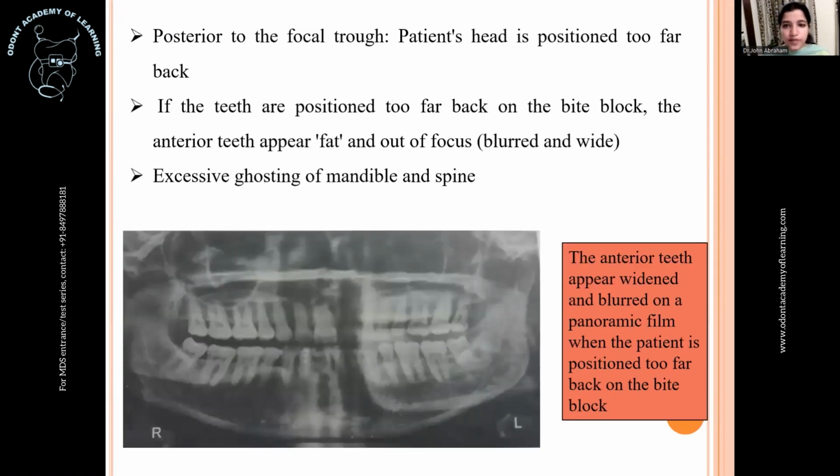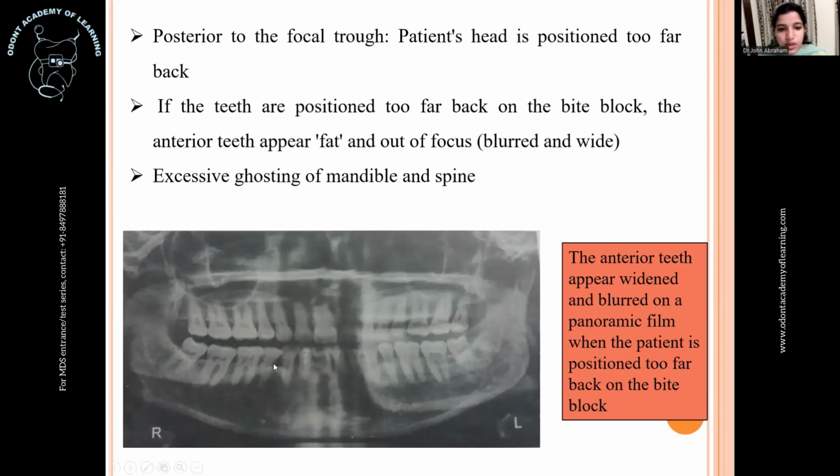Posterior to the focal trough, the patient's head is positioned too far backwards. Again, the patient is not biting on the bite block properly, so the anterior teeth appear fat and out of focus. Before, the teeth were appearing thinner, but now the teeth are appearing fat, and it is an out of focus, blurred image.